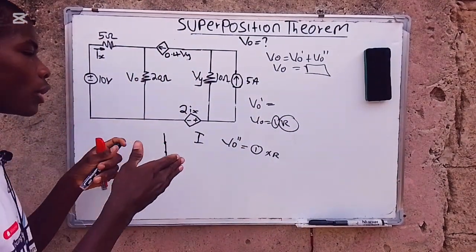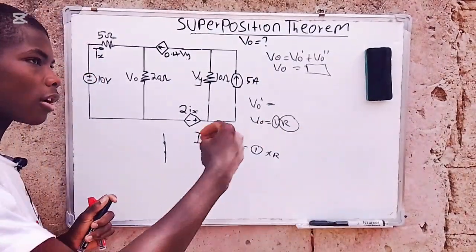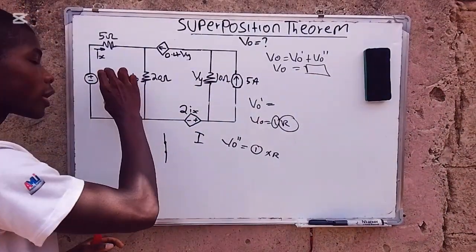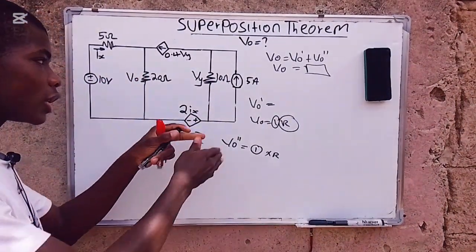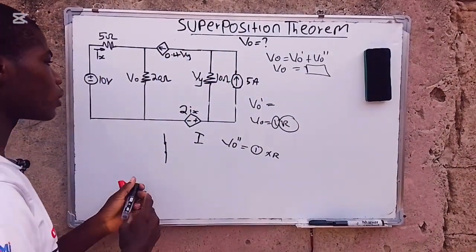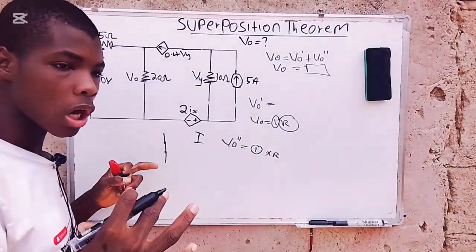If you are given a circuit, you can first open-circuit the current, then find another current to find voltage. If you are asked to find voltage, you short-circuit the voltage, then use the current to find another voltage, your second V, so that you can sum them.